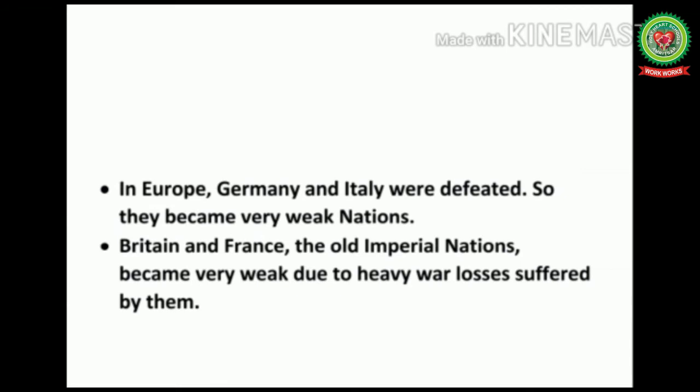In Europe, Germany and Italy were defeated, so they became very weak nations. Britain and France, the old imperial nations, no doubt were victorious states, but became very weak due to the heavy war losses suffered by them. You know, the war continued for 6 years, and it's not easy to maintain the sources and resources of the war.